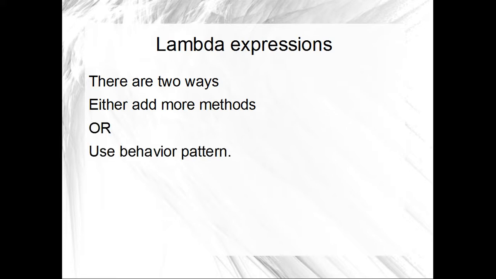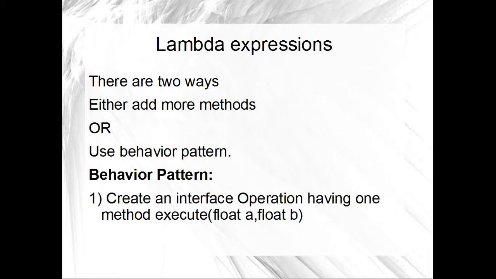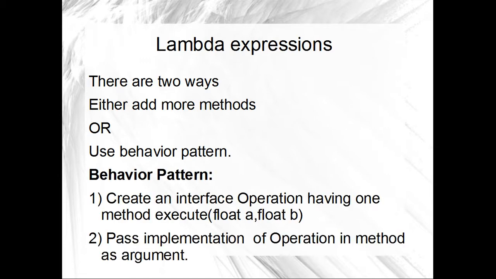As most object oriented programmers do, they create different behaviors of the same implementation class and they use it. This is called the behavior pattern. As we have already seen, pass the implementation of the operation in the method as an argument.